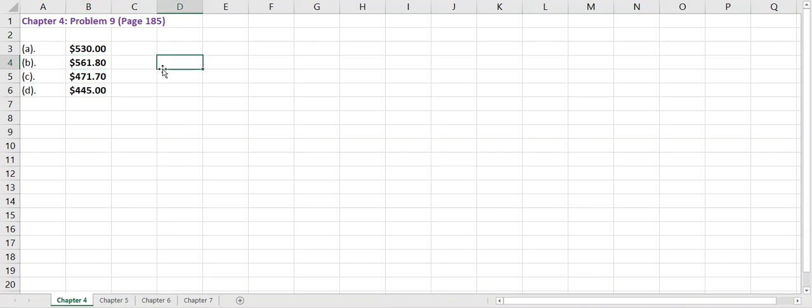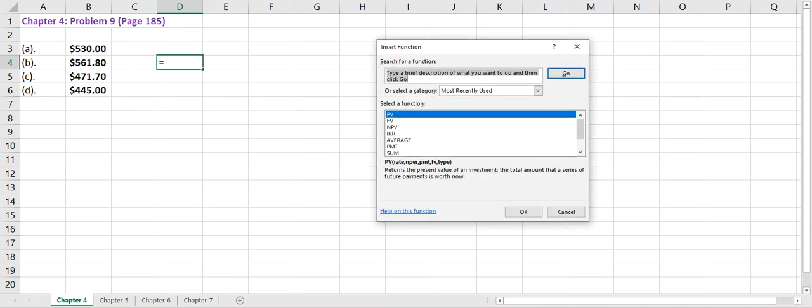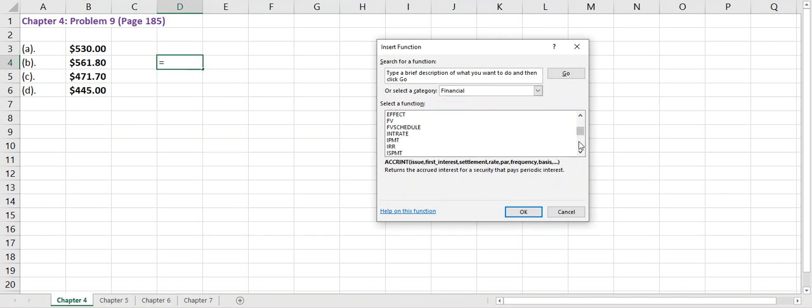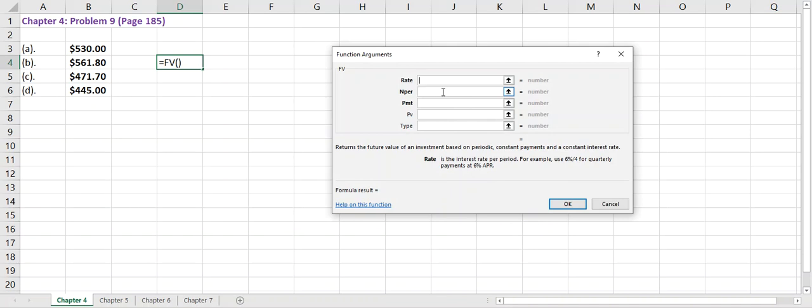$561.80. Here's how I got that number. Notice here we have formulas, function in our spreadsheet, and up comes the insert function calculator. Again, formulas, function, I go to financial, and I look for future value, FV. Same thing on a calculator, FV, future value. I put in the current interest rate that investment is at. In this case, it's 6%, 0.06.